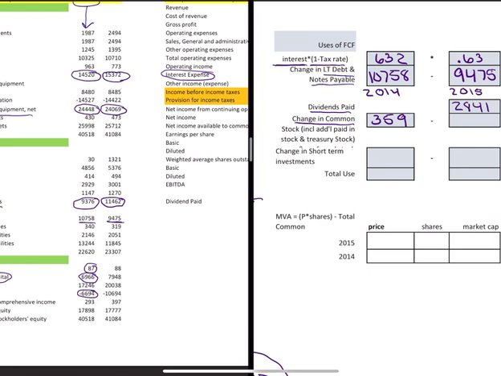And then we will do the same thing for 2015: 88 plus 7948 minus 10694. And when we do that, we get negative 2658. And that is equal to 3017.